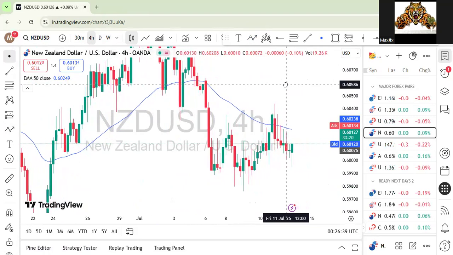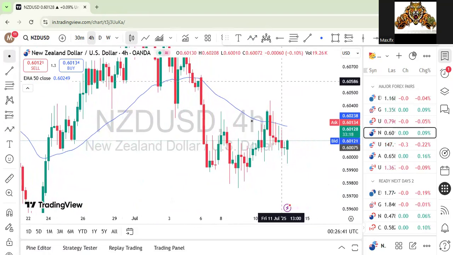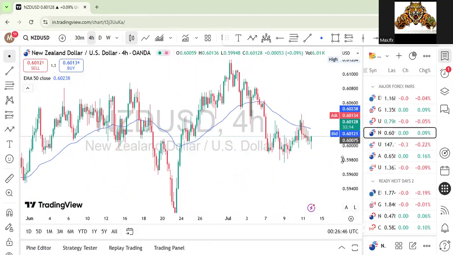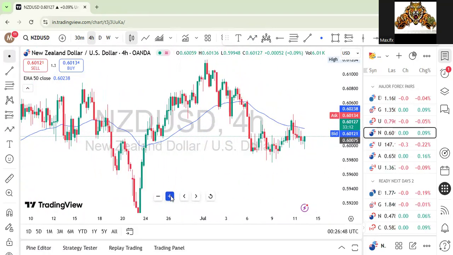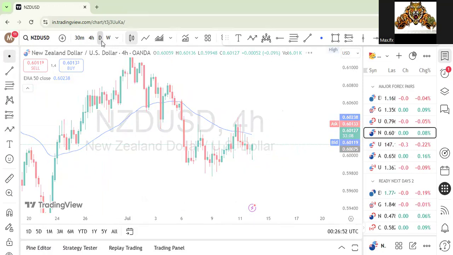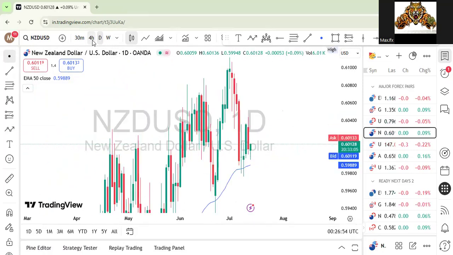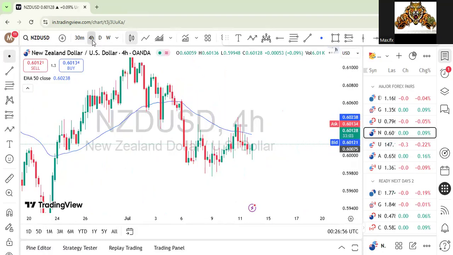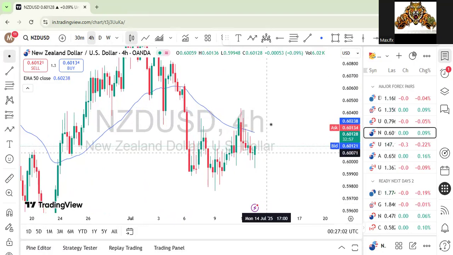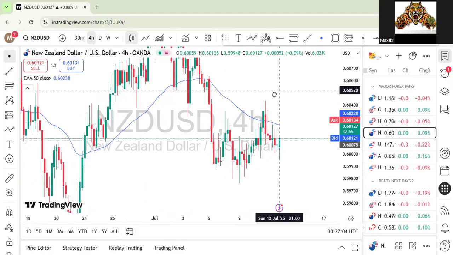All right. So yeah, I like how the 4 hour is looking right now. I really like the way the 4 hour is looking. I might buy when it closes like this on the 4 hour.